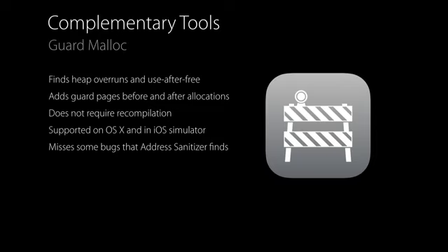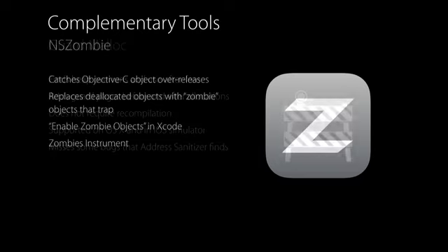Guard-malloc does not work on iOS devices, and it also does not find all of the issues that Address Sanitizer finds. For example, since it uses guard pages, it will not catch all off-by-one buffer overflows, which is a common mistake to make. These are the trade-offs to consider when choosing which of those two tools to use.